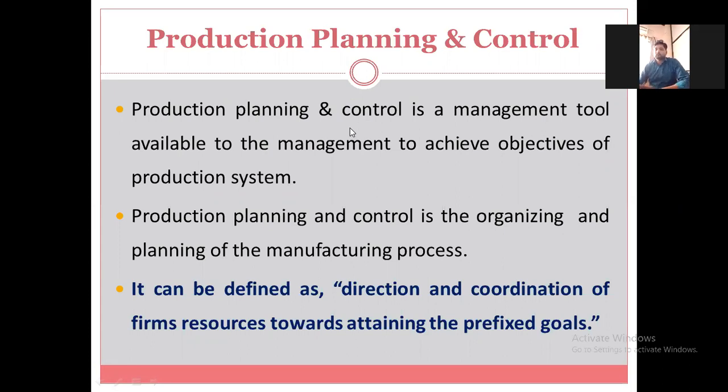Now, what is meant by objectives of a production system? Once again, we are going to that particular point only. That is nothing but right quality, right quantity, right cost at the right time. These four are the basic objectives of any production system, and management needs to strive to achieve them.